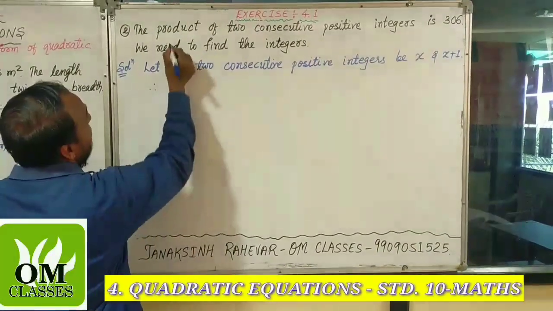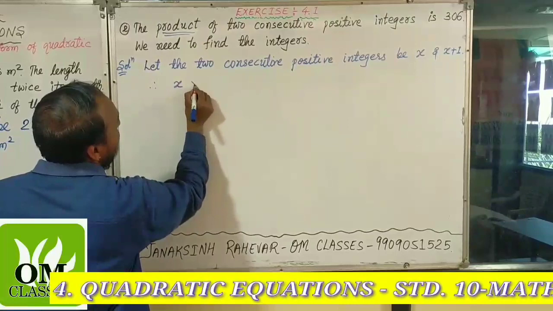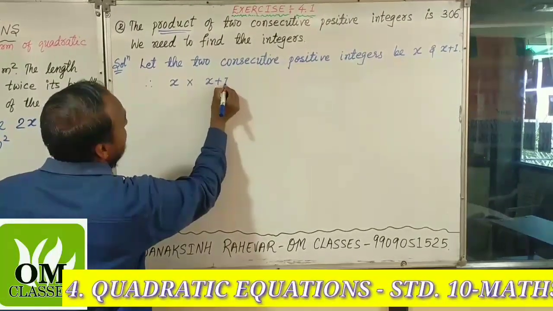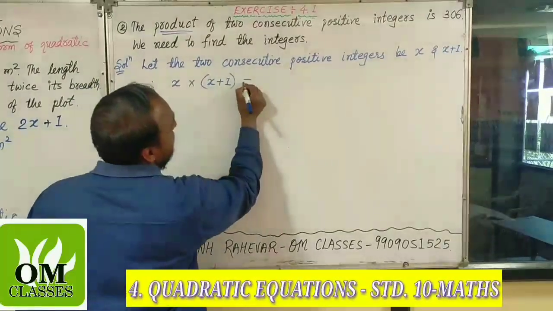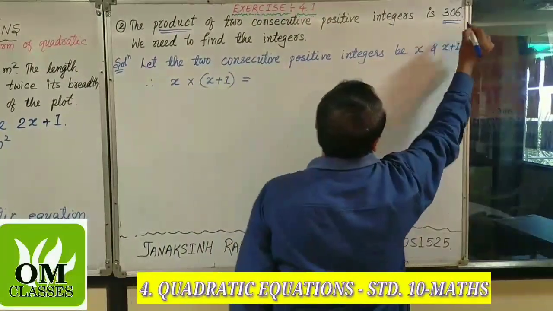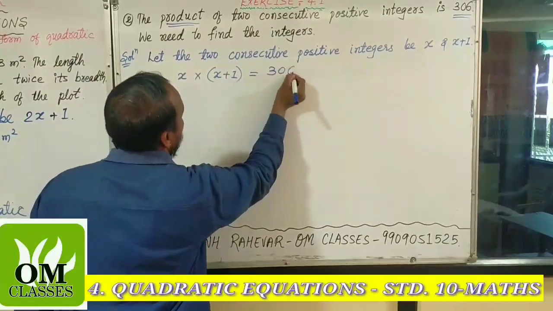So therefore now क्या दिया हुआ है यहाँ पे प्रोडक्ट मल्टीप्लिकेशन है. Means x into x plus 1. जब ऐसा हो तो you need to keep the bracket is equal to what is the product? Product is 306.